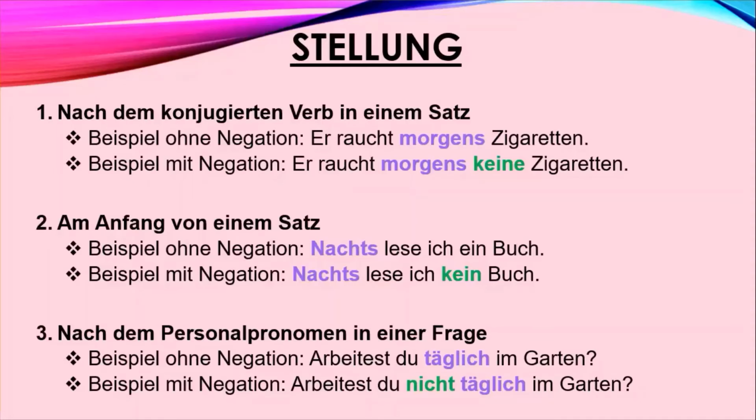So the first possibility is after the main conjugated verb in a sentence. Example without negation, Beispiel ohne Negation.